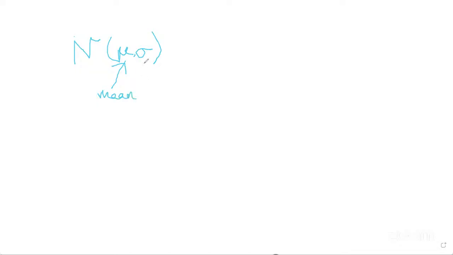Mu is the mean, and this is the standard deviation. Usually we write mu and sigma square, that is SD square, that is variance.